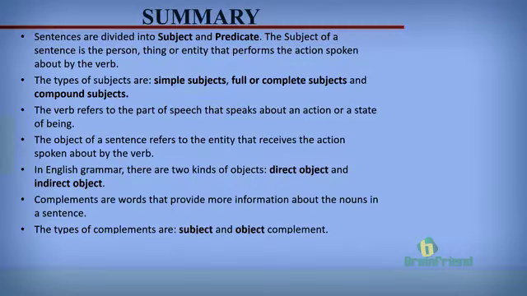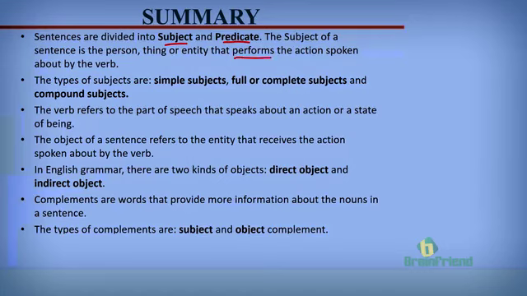We've come to the end of our lesson today on sentence components part 1. But before we end, let's take a look at all we have learned so far. Today we learned that sentences are divided into subject and predicate. The subject of a sentence is a person, thing, or entity that performs the action spoken about by the verb.